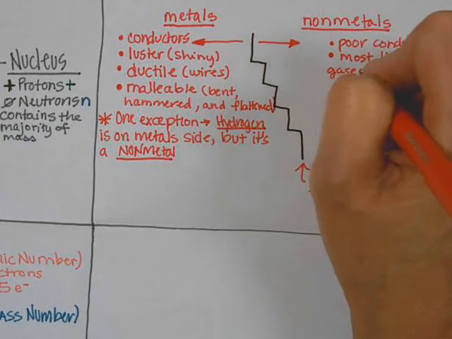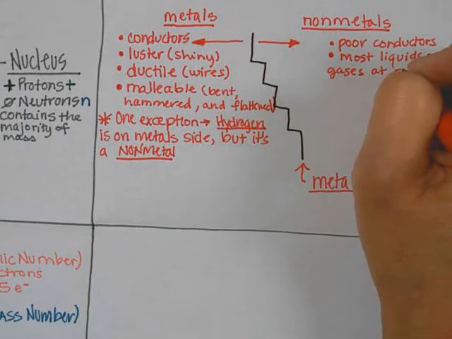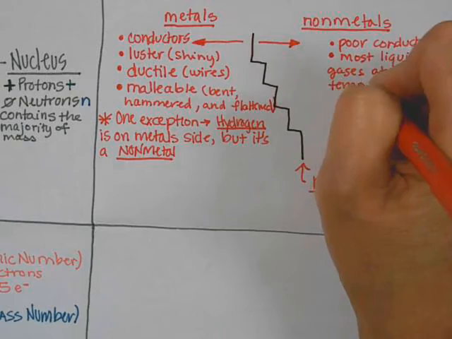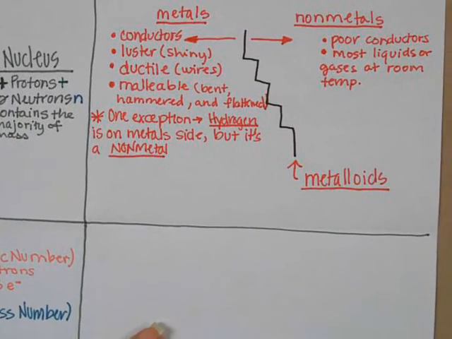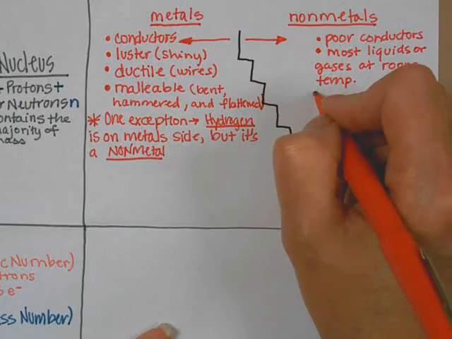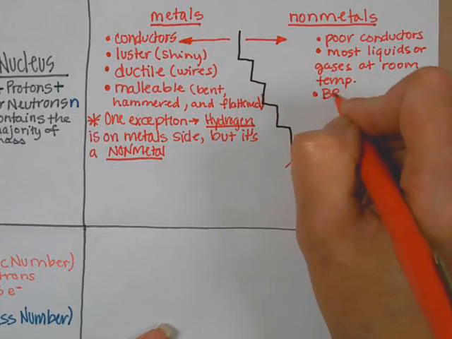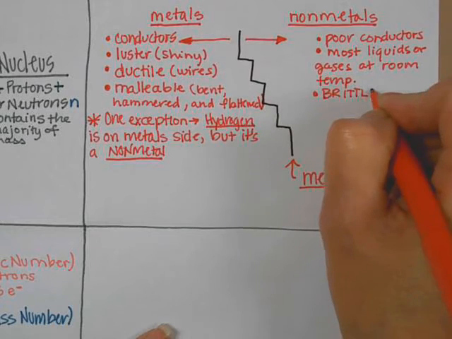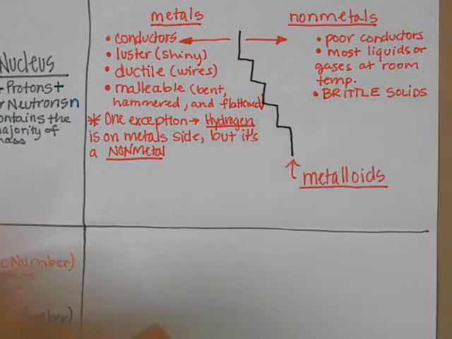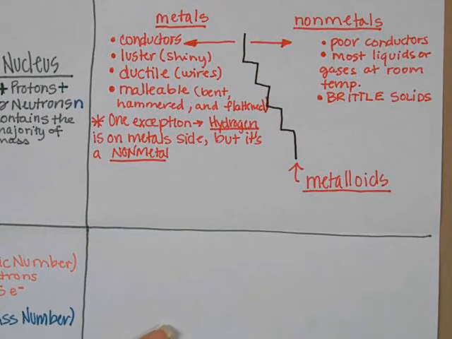But if they are a solid, they are brittle solids. They have no luster. They're not malleable. They break apart easily.